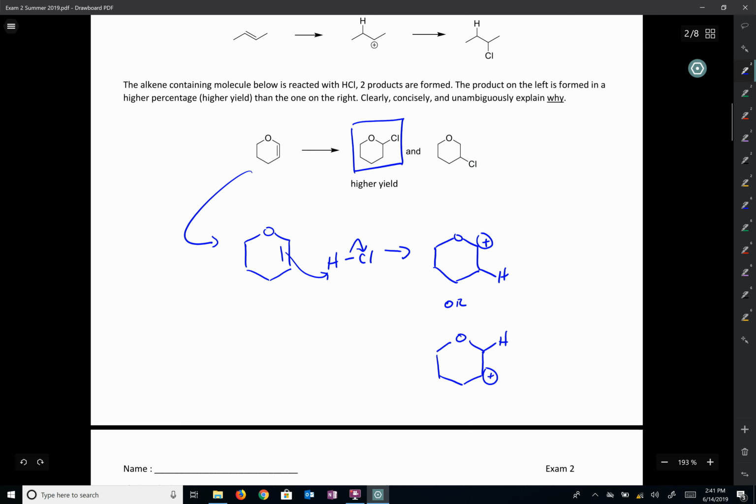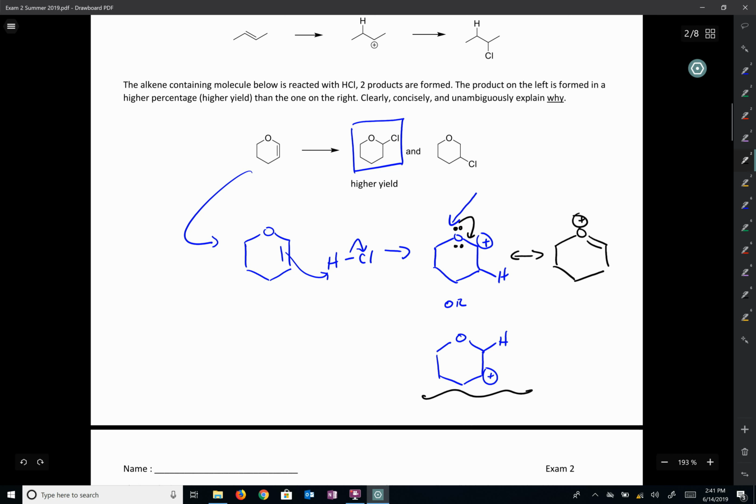Okay? So why would this one be formed in a higher yield? Well, there's a simple answer for this. All I was looking for is some argument about being a resonance stabilized carbocation.